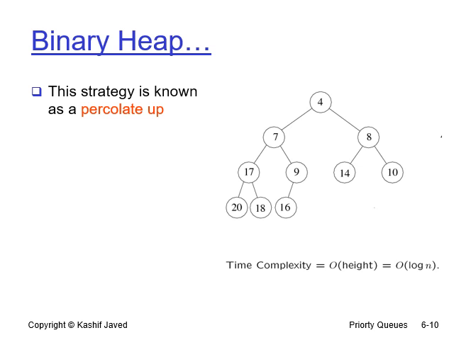So this is how we can insert a new element into a given binary heap. 4's correct position has been found, and then we have inserted 4 into its correct position. This is the updated binary heap after inserting 4. This strategy is called percolate up.